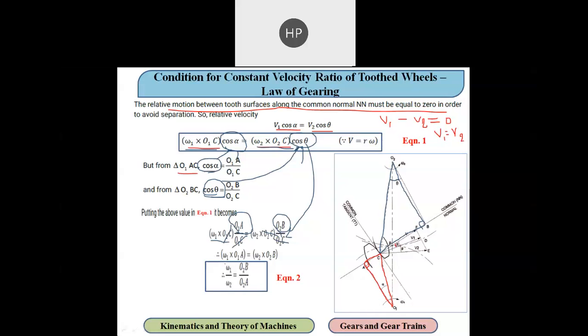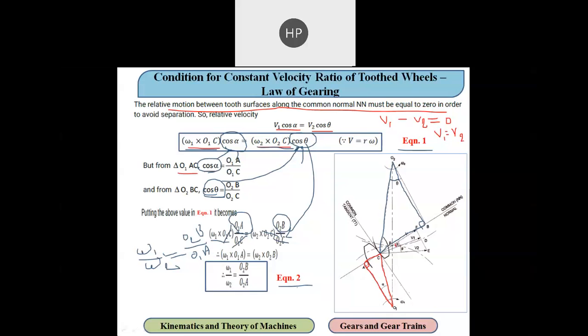Now we rewrite this equation: taking omega 2 to this side, we get omega 1 by omega 2 is equal to O2B divided by O1A. This is equation number 2, and the earlier one is equation number 1.